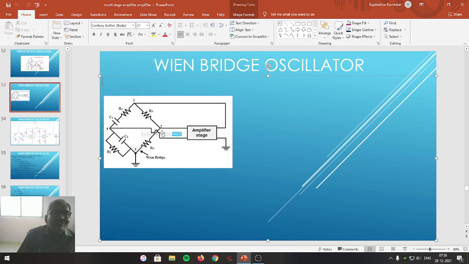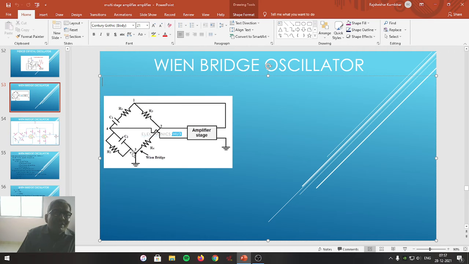When the bridge is balanced, meaning the ratio of the resistance of arm 1-4 and 4-3, let me call them R1 and R2, R1 upon R2, is equal to R3 upon R4, then as per the condition of the Wheatstone bridge, we can say this bridge is balanced.